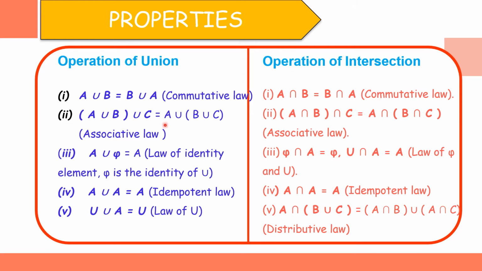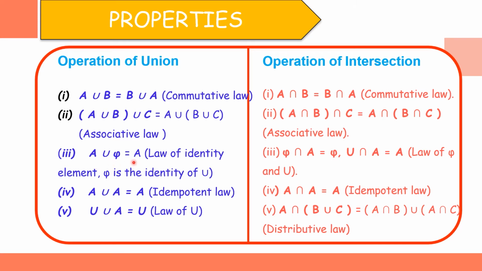The second one is that associative laws also hold good in sets. (A union B) union C, with the bracket for the first two sets, is equal to A union (B union C), where I take the brackets for the last two sets. This is true. The associative property holds good, and the law of identity also holds good. In the case of identity, we deal with the null set.